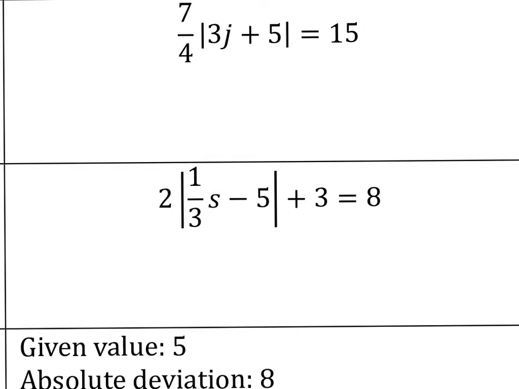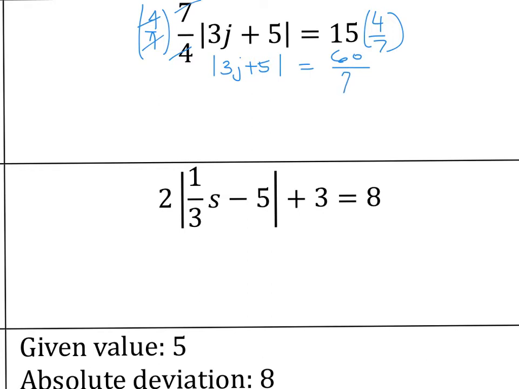And for this next problem, we can first simplify by multiplying both sides of the equation by 4 over 7. So we end up with absolute value of 3j plus 5 equal to 60 over 7.